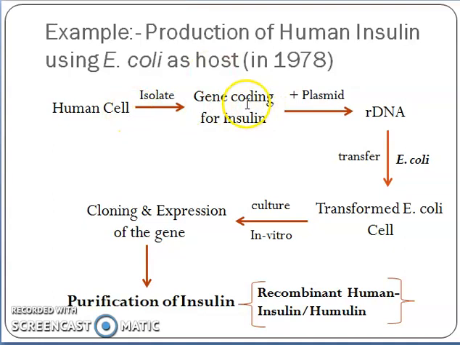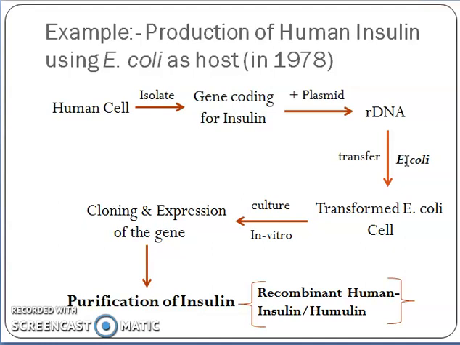Then they introduced that gene into a vector, into a plasmid, and they also incorporated the appropriate expression signals, that is promoter, operator, and ribosome binding site, inside the vector. By joining the gene with the plasmid, they got recombinant DNA. Then they transferred that recombinant DNA into a bacterium named Escherichia coli that served as a host for the cloning as well as the expression.